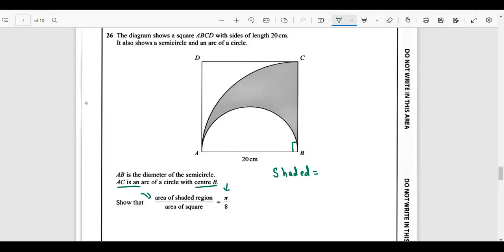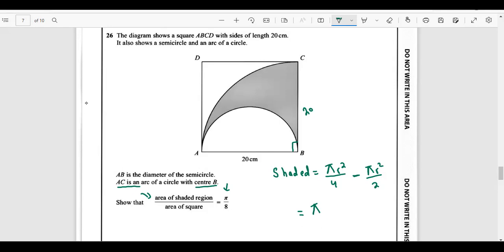It means it is a quarter circle. So I can find the area by pi r squared divided by 4 minus the area of the semicircle. That would be pi r squared divided by 2. Let's plug in the values of r. So for the sector, the radius is 20 centimeters.